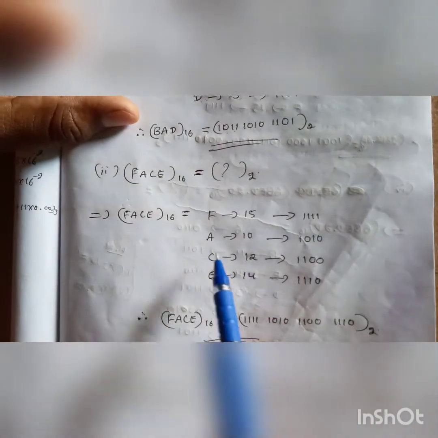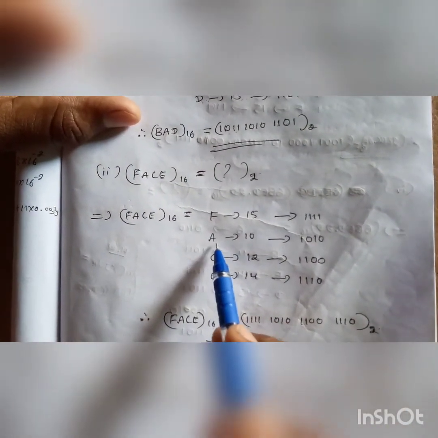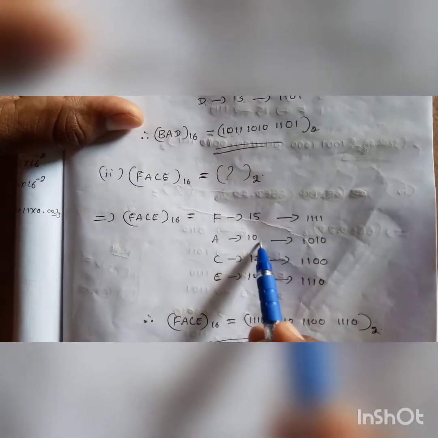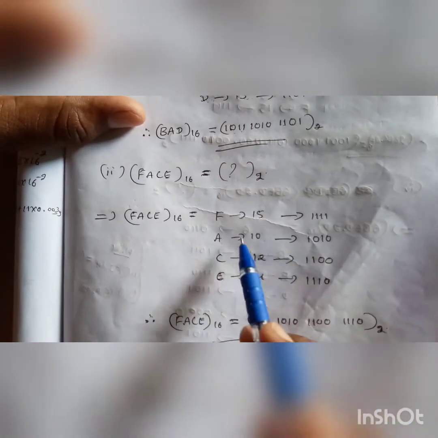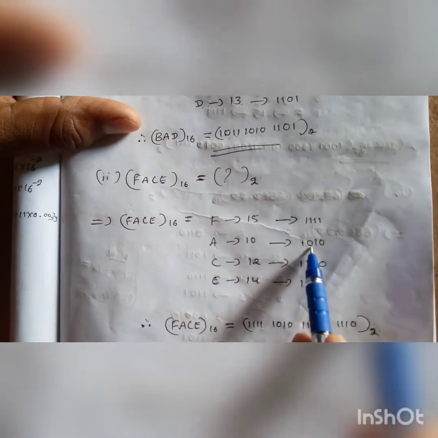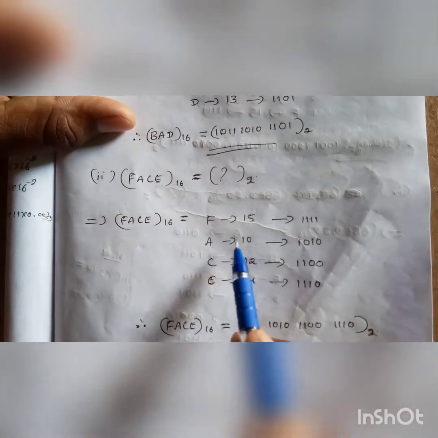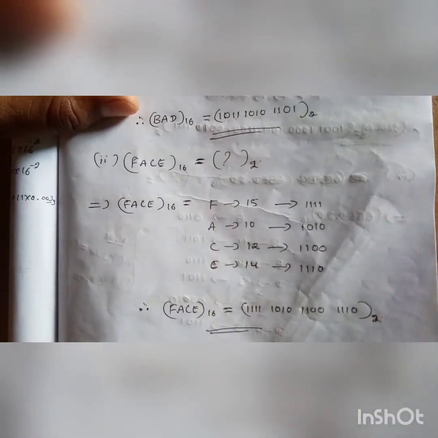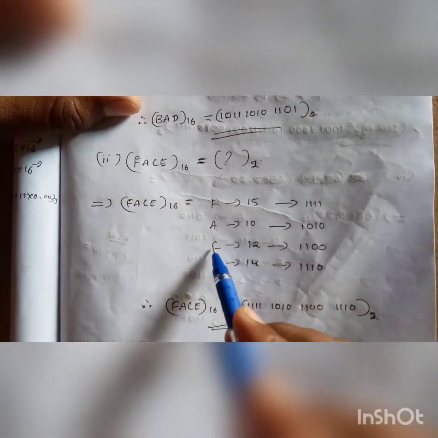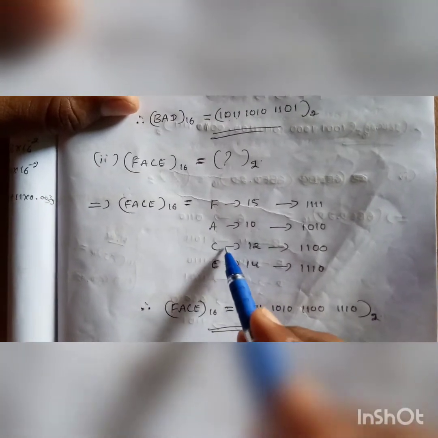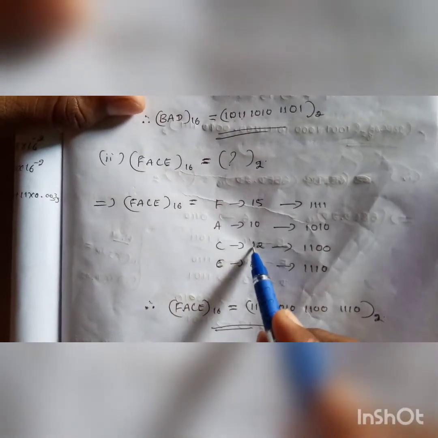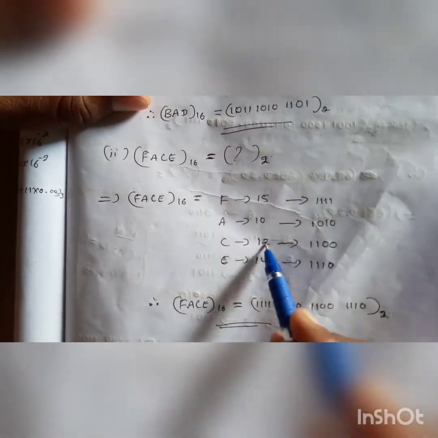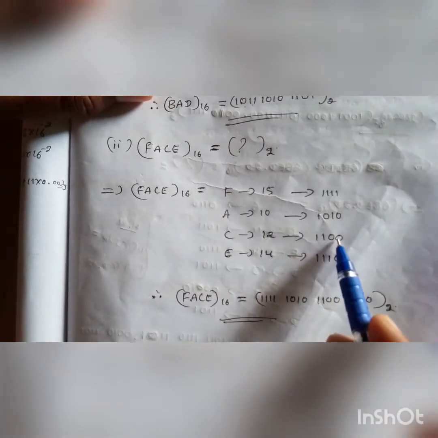Similarly, the decimal value of A is 10, and the binary value of 10 is 1010. The decimal value of C is 12, and the binary value of 12 is 1100.